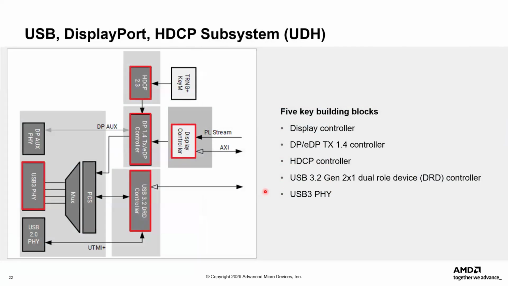So if we look at this in more detail, let's say, what about the USB, the DisplayPort, and then the HDCP, and the HDCP is the security interface. So for this, I've got five key building blocks. There's the display controller itself, streaming data from the PL, and then the AXI for control. Then I've got the transmit controller. I have the HDCP.